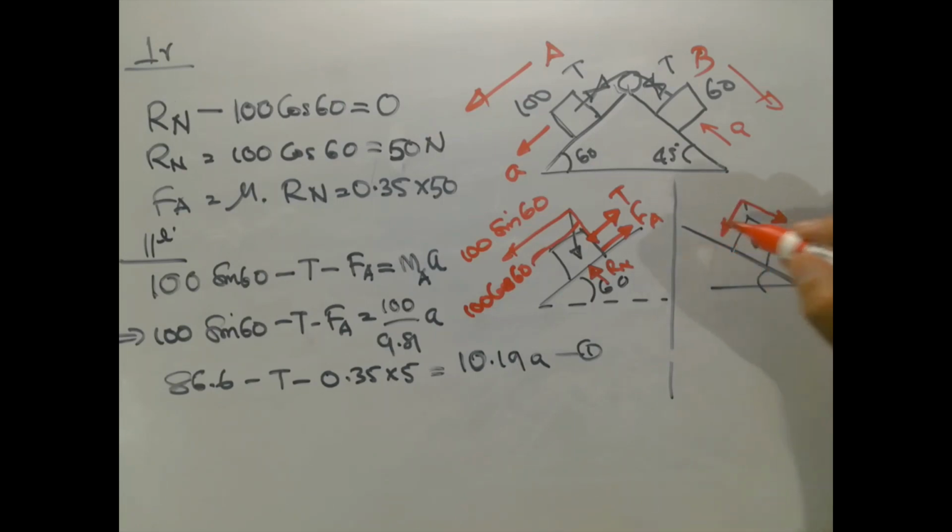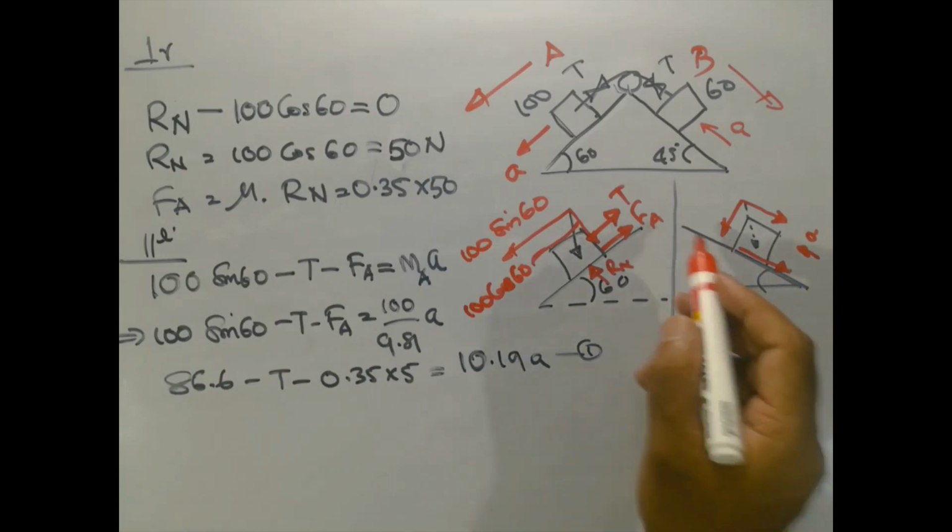The friction will be acting downwards. Why? Because this block will be moving upwards with an acceleration of A in the upward direction. So friction will be in this direction.